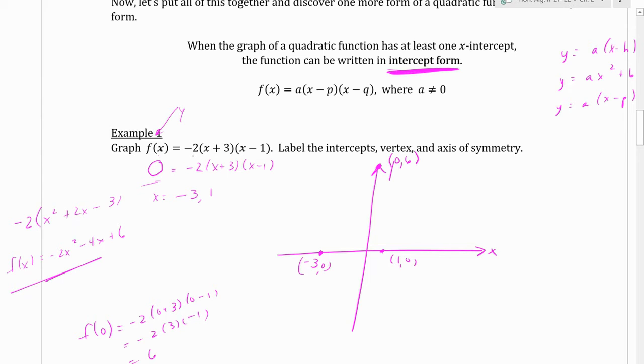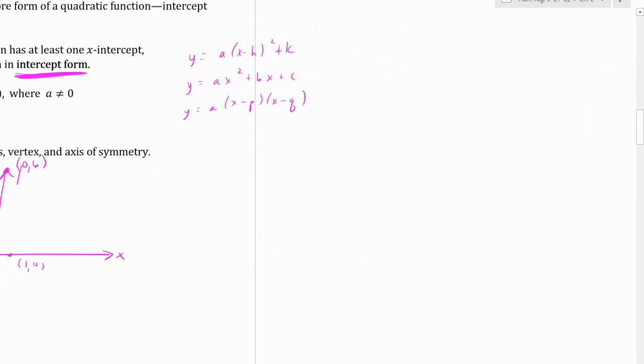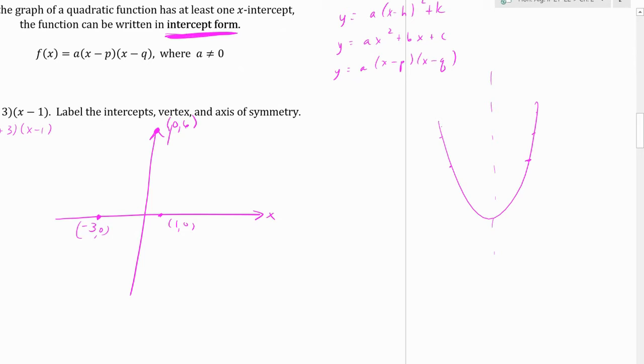Now you know, because that's negative, it's going to open down. But the thing about a parabola, there's a line that cuts through the middle where everything is symmetrical about it. So if these are the two x-intercepts, if you could find the number halfway between -3 and 1, you'd have your axis of symmetry.